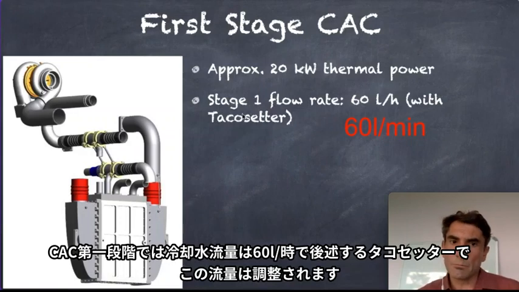We will come back later to the flow rate as well. The first stage charge air cooler needs a flow rate of 60 liters per hour. This will be adjusted with a tacho setter.